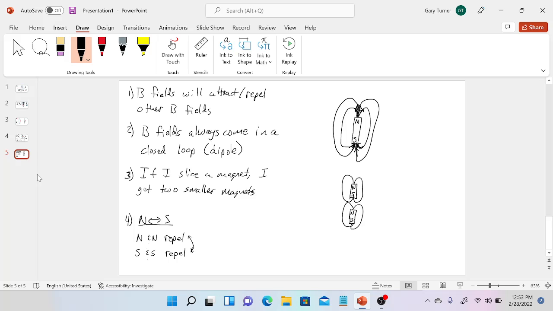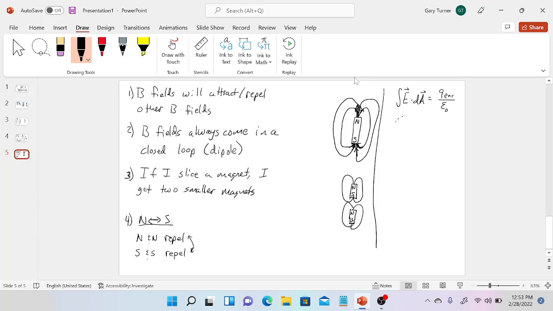So, as far as we know, there is no such thing as a magnetic monopole that we have found. Now, once again, not to jump the gun too much, but remember Gauss's law, when we looked at Gauss's law, we had the integral of the electric field over an area was equal to the charge enclosed divided by epsilon naught.